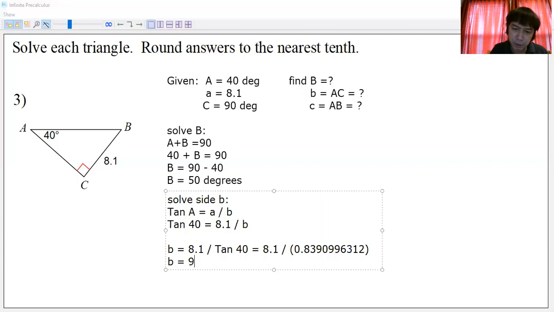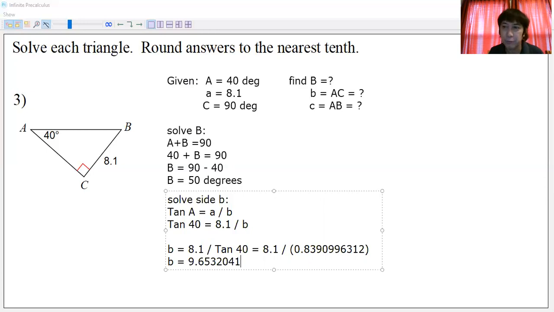Computed value is 9.6532041. It's a unit of length. There is no given unit like meters or feet, so we will just write 9.6 units. So we are done with side B.